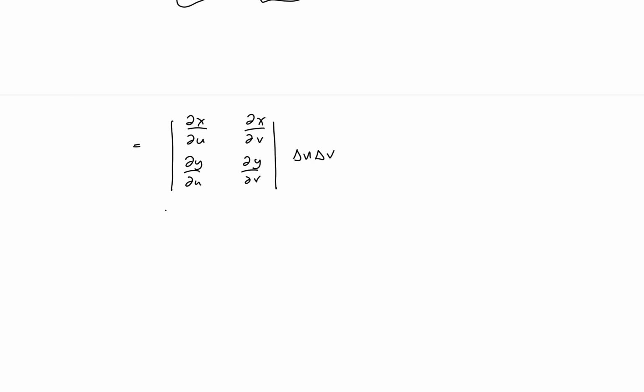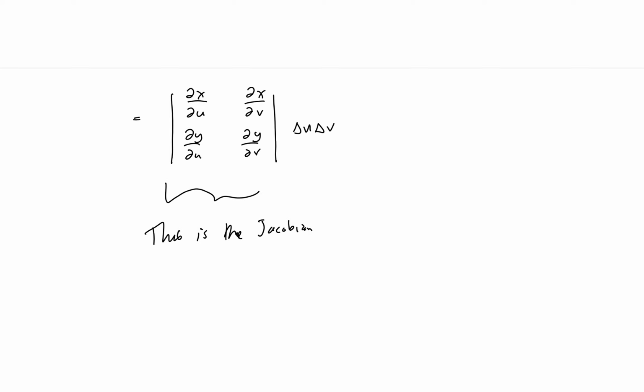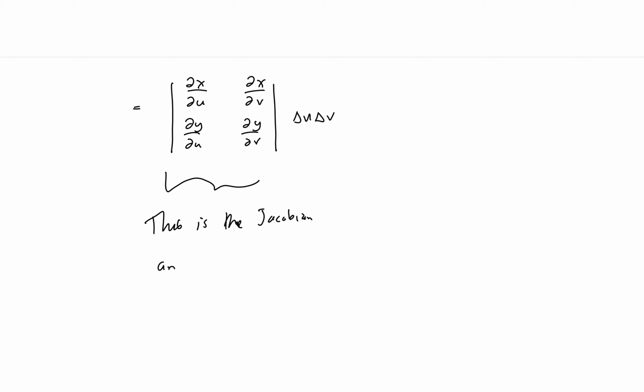This thing here is given a special name: it is called the Jacobian, and we write it as delta (x, y) over delta (u, v).